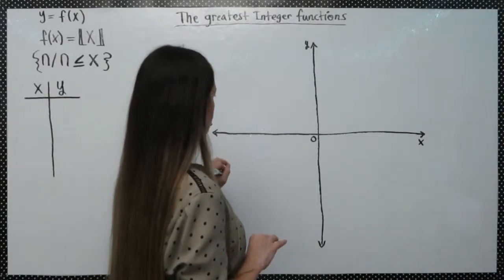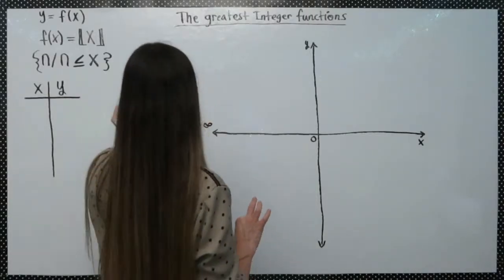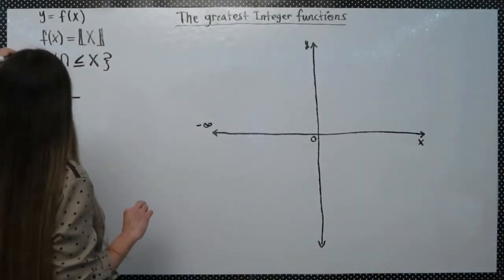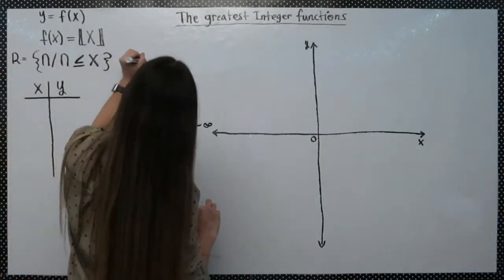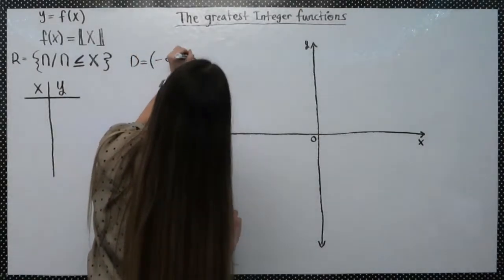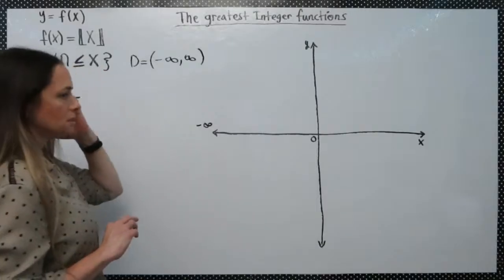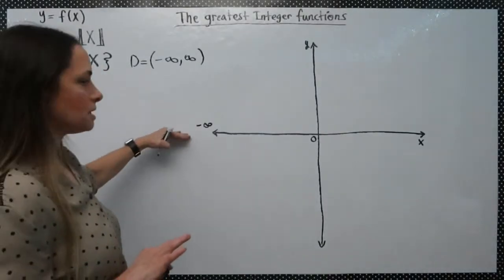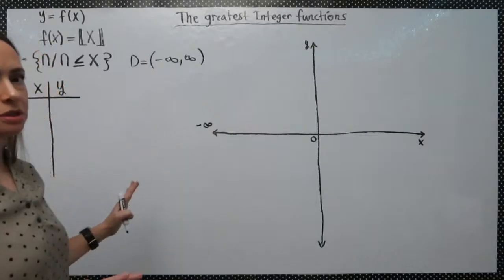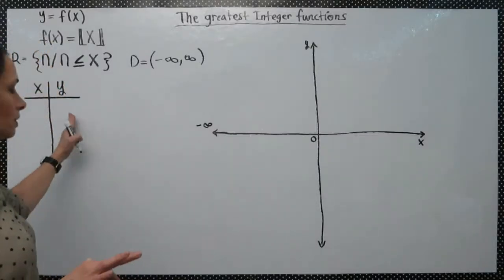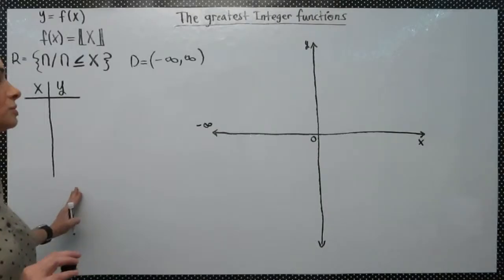The domain of this function is all real numbers. What that means is that I can pick any value on the x-axis that I want to, and it will return a value in the range.